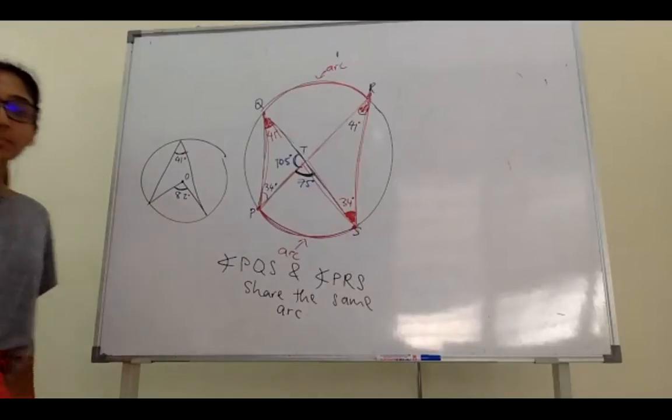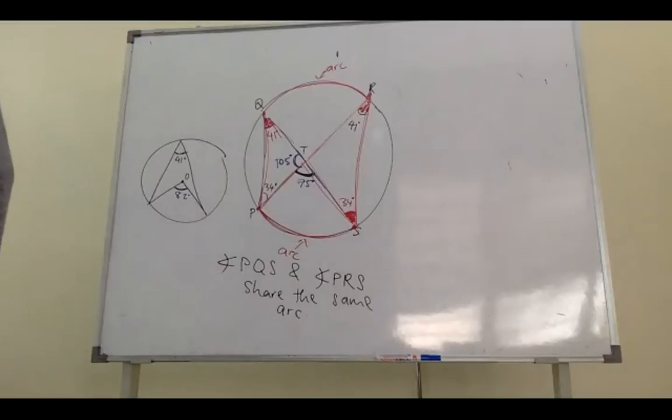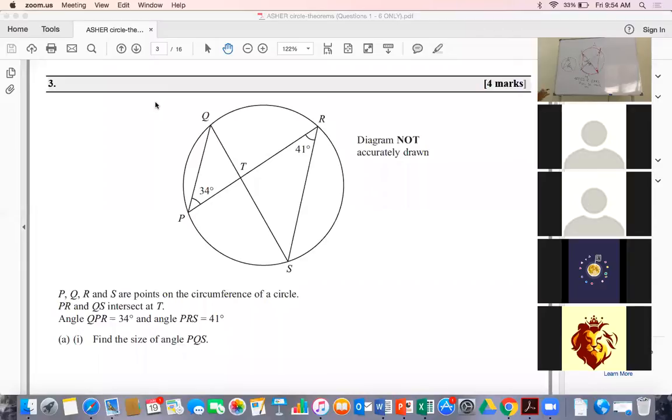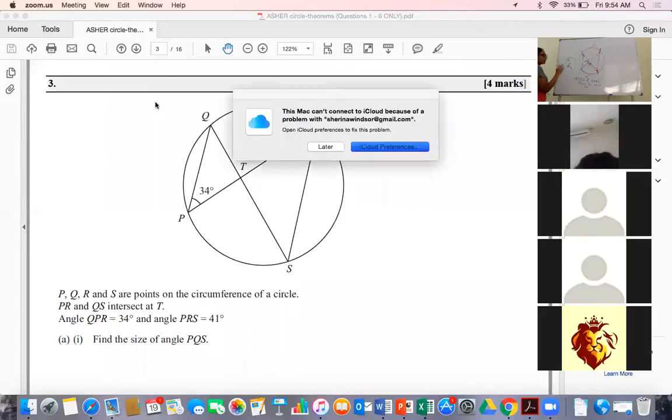You understand? Yeah? Yes. So T cannot be the center of the circle because it is not double the angle PRS.